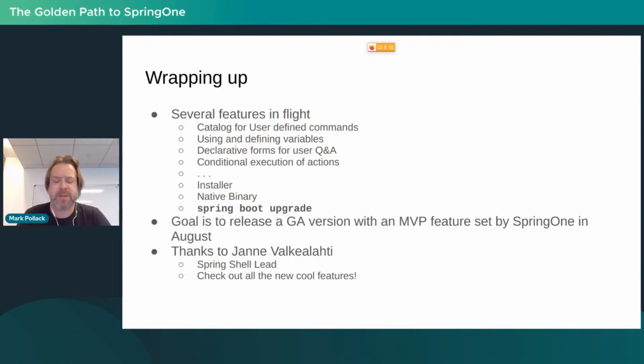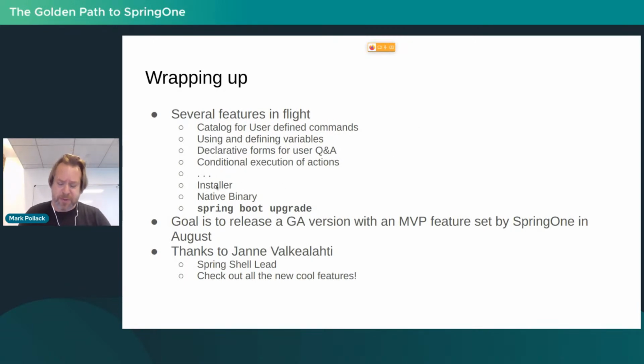Declarative forms, kind of ripping off the idea of GitHub forms, which you've maybe seen for creating templates for PR submissions or issue submissions on GitHub. This will let the user answer questions, so it can choose from a list, for example, in the case of Spring Azure Apps, a list of resource groups, but it could be any set of choices you defined. Conditional execution through the use of SpEL. Again, if you're familiar with GitHub Actions, it has an if expression, stuff like that.